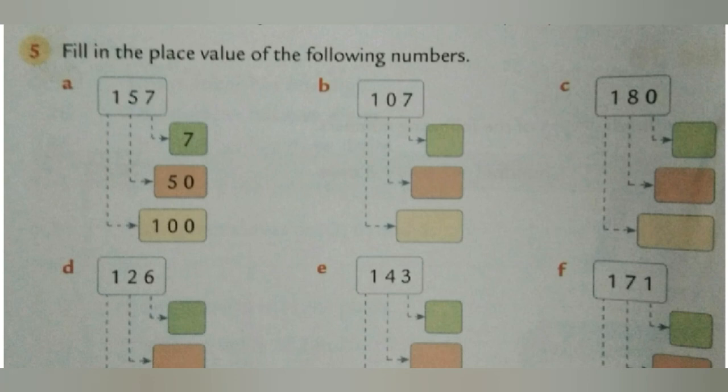Here 0 is in ones place, 8 is in tens place, and 1 is in 100 place. So 0 will be written in ones place. In tens place you will write 80, and in 100 place we will write 100.